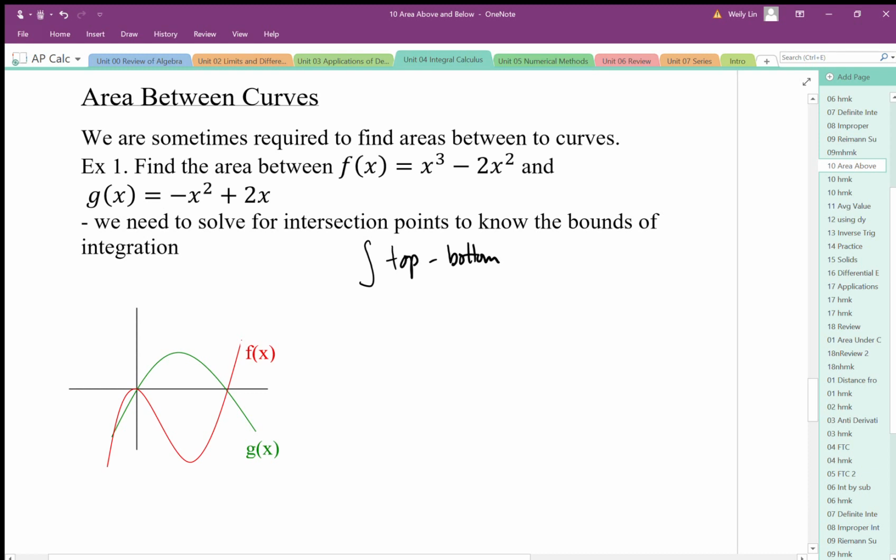Okay, so for this domain here, from here to here, which I'm going to call A, B, and we'll call that point C. From A to B, the g function, which is the red function, is going to be g of x minus the lower function, which is the green function, f of x.